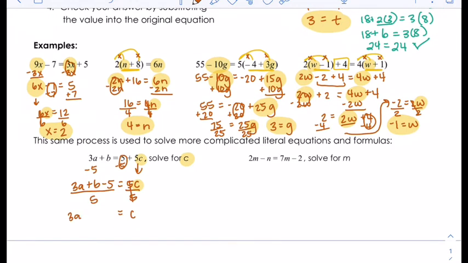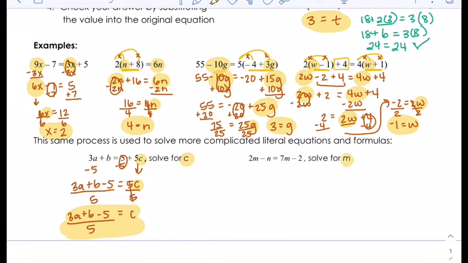So I'm left with 3a plus b minus 5 all over 5. Now, this could be possibly rewritten in some different ways or simplified in different ways, but this is an acceptable answer as is.